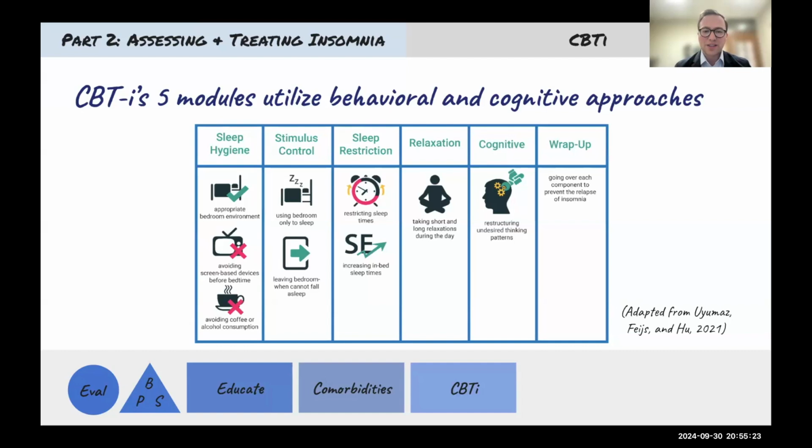It includes sleep hygiene, which are the healthy sleep behaviors that many people try to optimize sleep, including optimizing the bedroom environment, minimizing caffeine. It also commonly includes things like relaxation or cognitive approaches, but there are 2 main approaches that are most helpful and most evidence-based in CBT for insomnia, and that is stimulus control and sleep restriction.